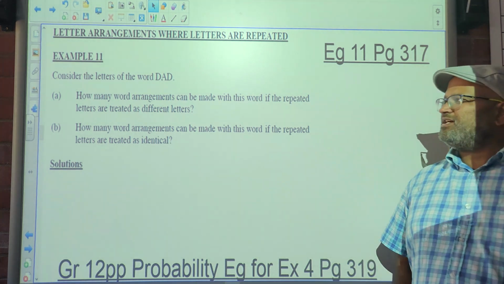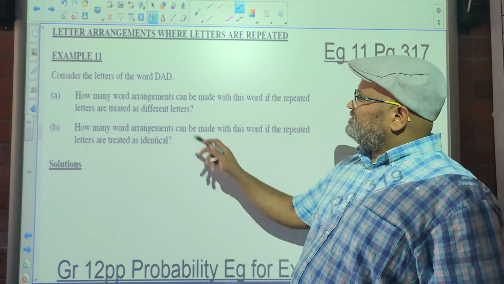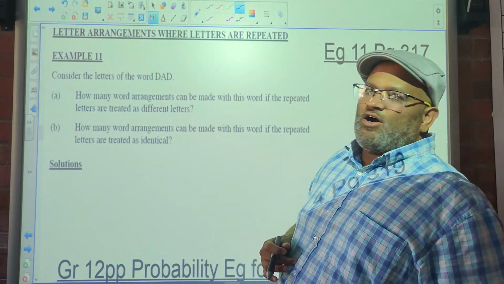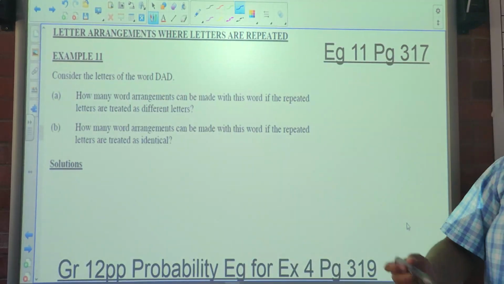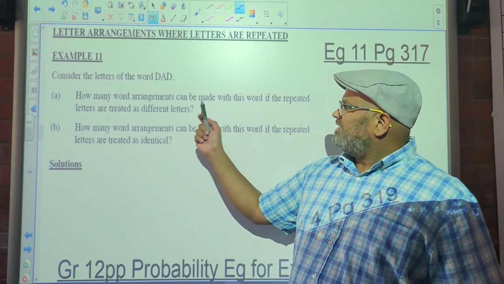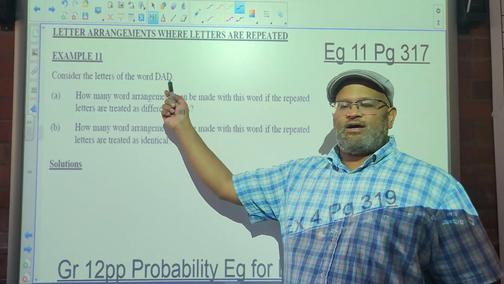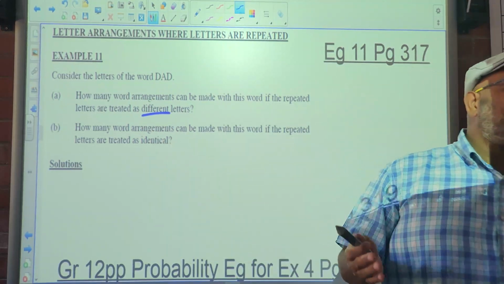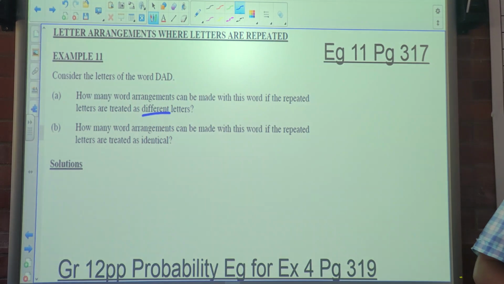As you can see, yes, 2 D's. So, are all the D's the same? In this case, the repeated letters, which is the 2 D's, are different letters. Basically, it's not the same. That's what they say. You guys understand?